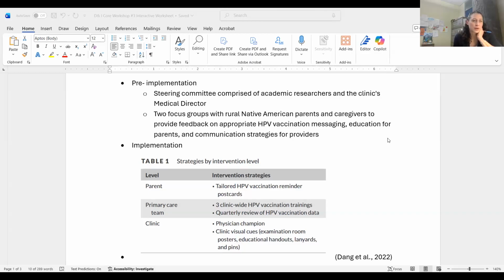Or is there some other issue out there that these strategies don't address, right? So I think that definitely could be a component of it, to get that feedback from the providers and the clinics about whether the problem is that you don't remember to recommend HPV vaccine to your patients, so putting a poster in the exam room is going to help. Maybe that's not the problem, right? So understanding some of those factors ahead of time would be a good component.